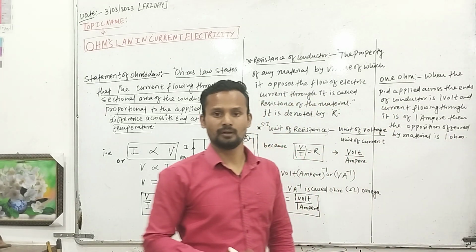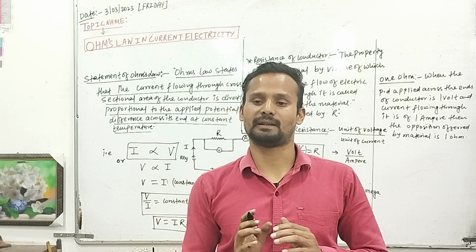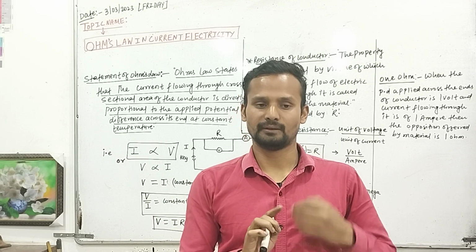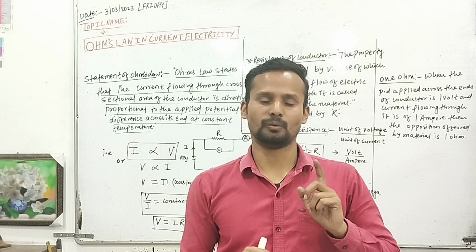Okay, so whenever 1 volt potential difference is applied across the ends of a conductor, and the current flowing through the conductor is 1 ampere, then the resistance of that material is said to be 1 ohm.